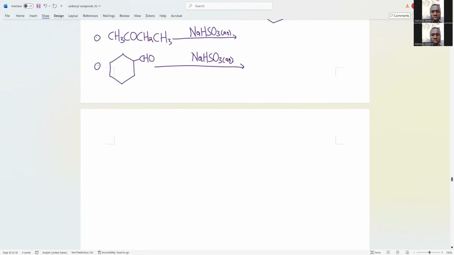So this is another reaction. These are other reactions of carbonyl compounds. Reaction 3. Reduction.